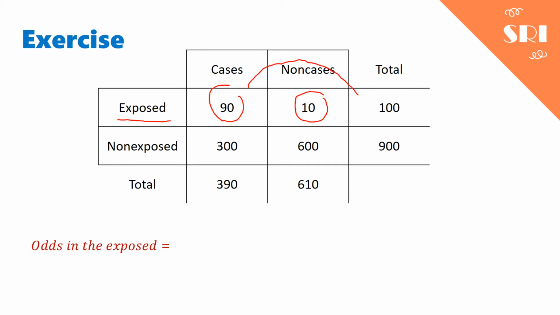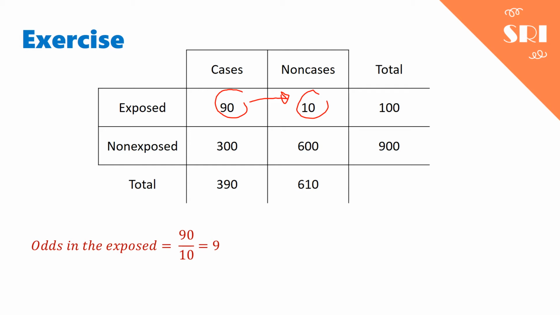In the risk, we used to divide them by the number of the total population, but we're not going to do that now. We're going to divide the cases by the non-cases, like this. So 90 divided by 10, which very clearly will be 9. So the odds of having the disease in the exposed is 9.